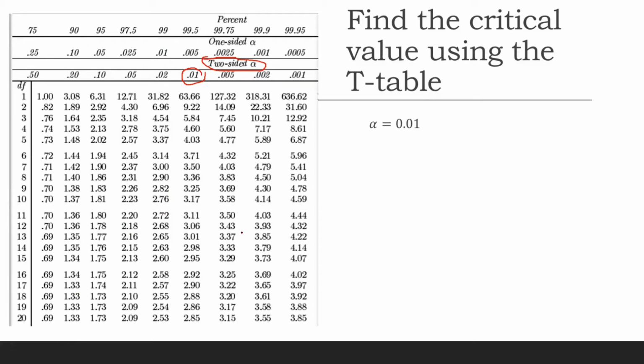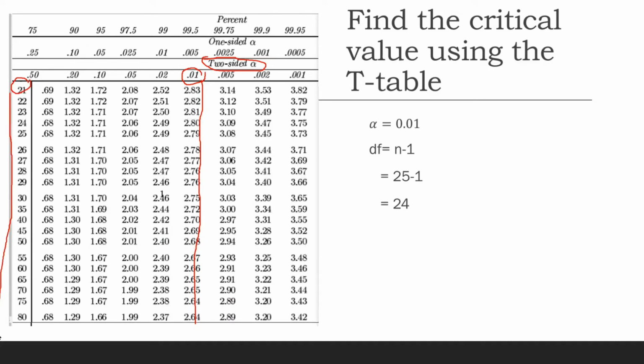Then, next is to find the degree of freedom. So, nandito yung ating critical value. So, the degree of freedom is n minus 1, which is 25 minus 1 is equal to 24. So, we need to find the degree of freedom in our table. So, eto yung ating degree of freedom. So, kung makikita natin wala yung 24, so we need to go further.